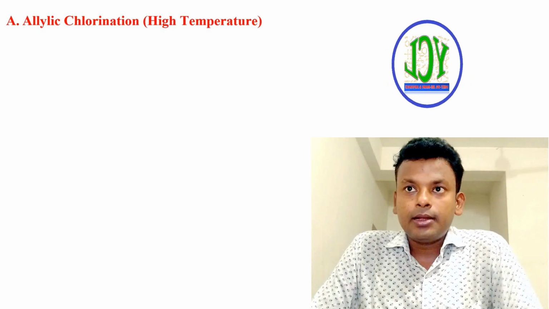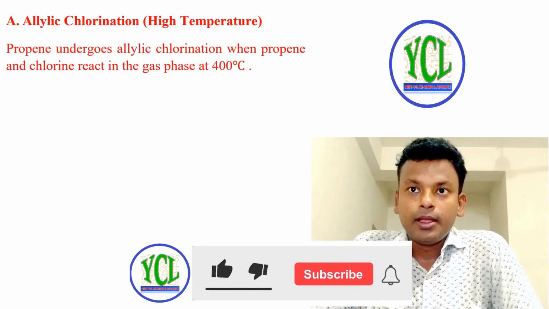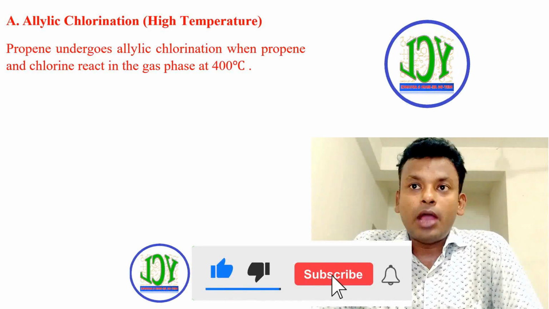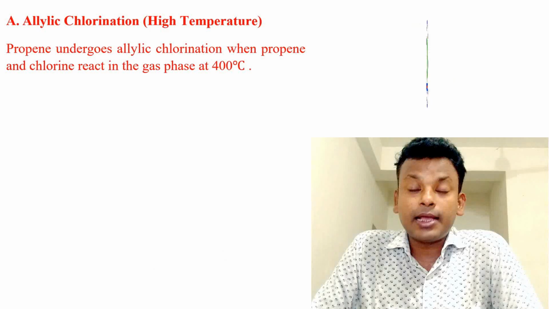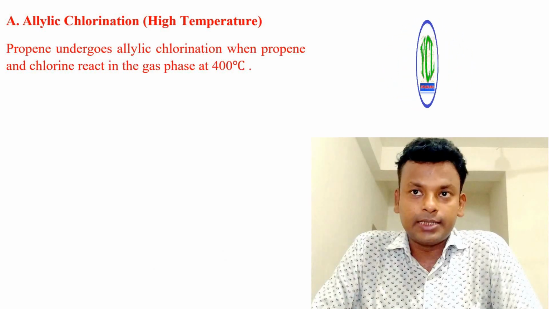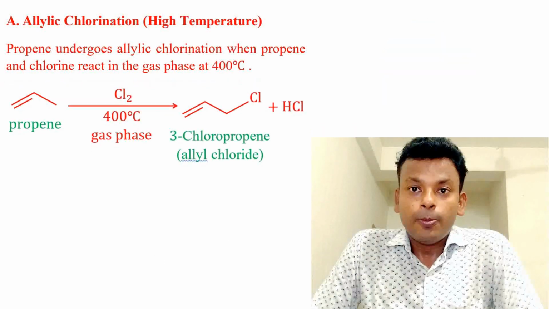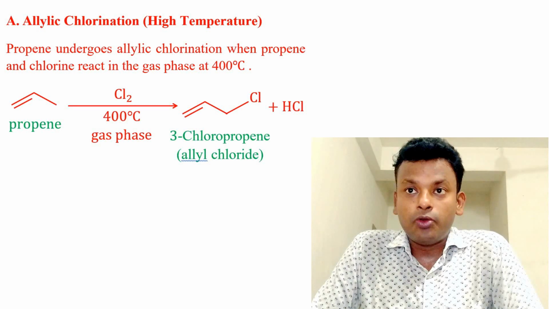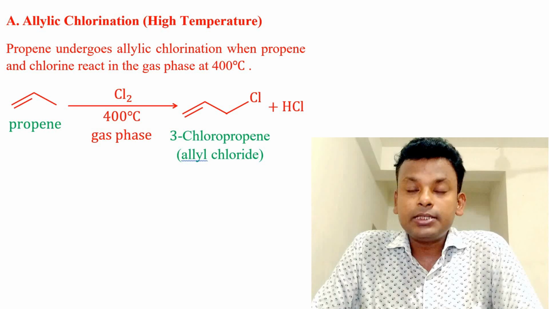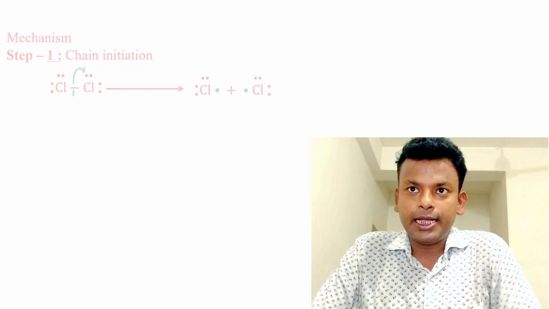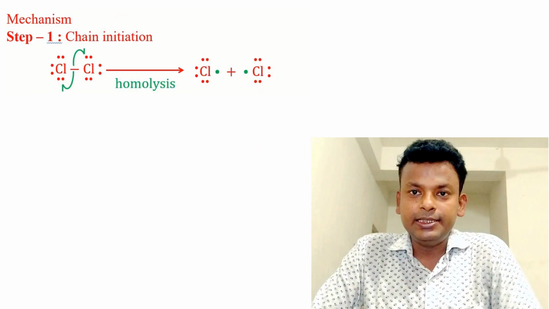Allylic chlorination, that is at high temperature. Propene undergoes allylic chlorination when propene and chlorine react in the gaseous phase at 400 degrees centigrade. Propene reacts with Cl2 at 400 degrees centigrade in the gaseous phase to form 3-chloropropene, that is allyl chloride. Mechanism: step 1, chain initiation.